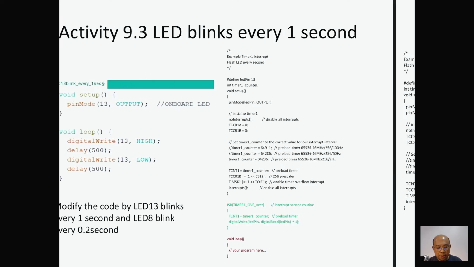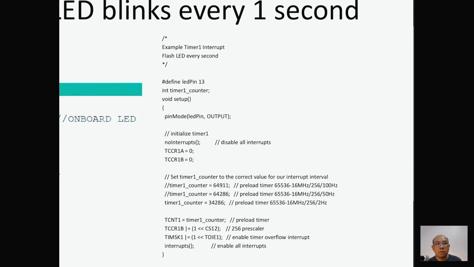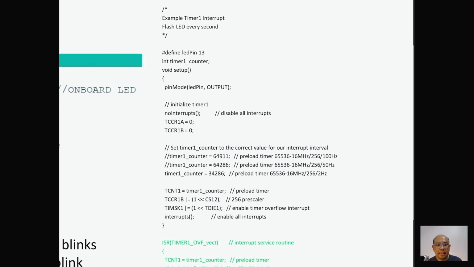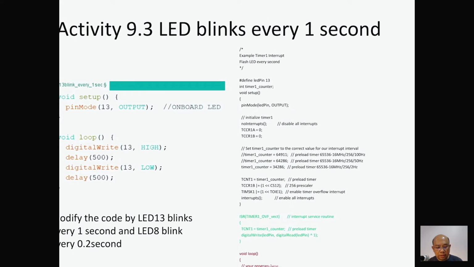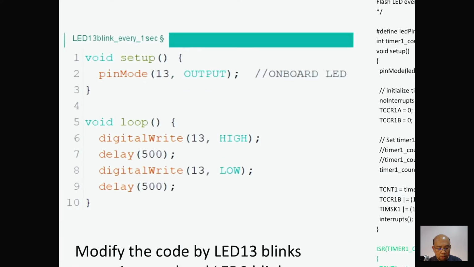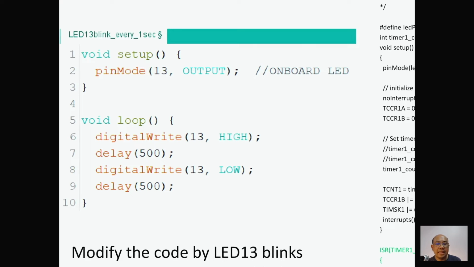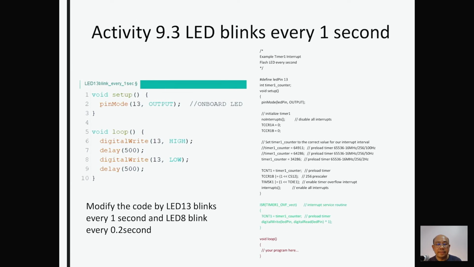But on the right-hand side, this is short code for setting the interrupt. When you apply the code for setting the interrupt, you do not need to worry about making delay times, because of the service from the interrupt. You can set the timer interrupts.